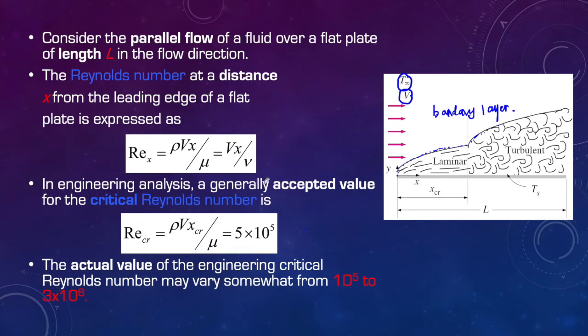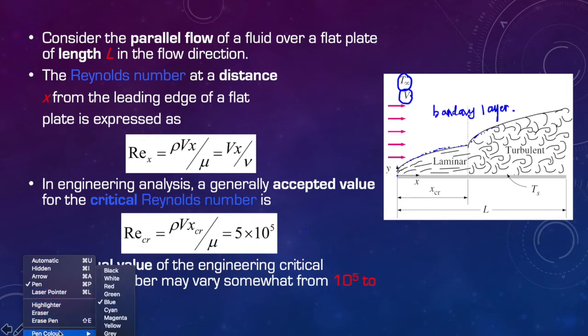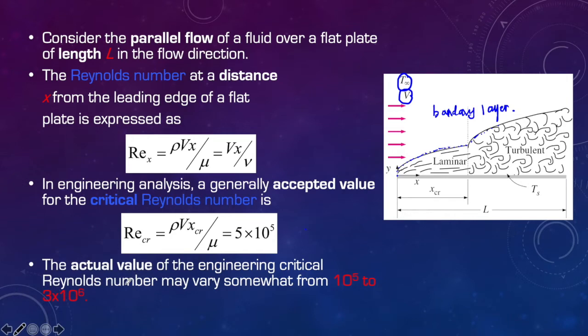To calculate the Reynolds number, I believe everybody already knows the Reynolds number equation, because it was already learned in fluid mechanics. But in heat transfer, the equation is slightly different, because in fluid mechanics we directly use Reynolds number equals rho V d over mu.